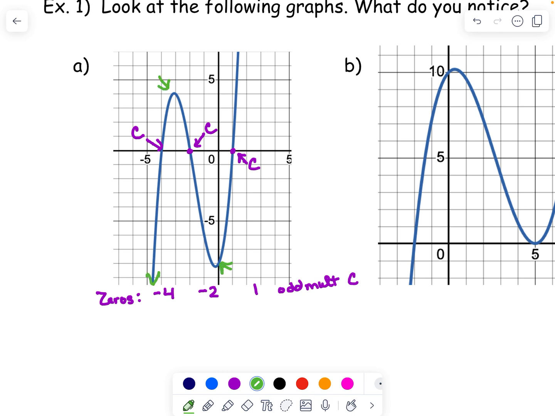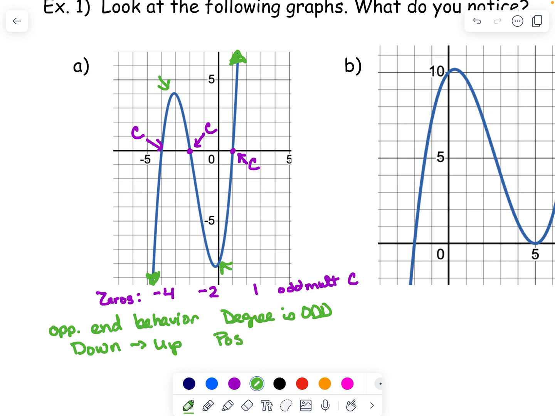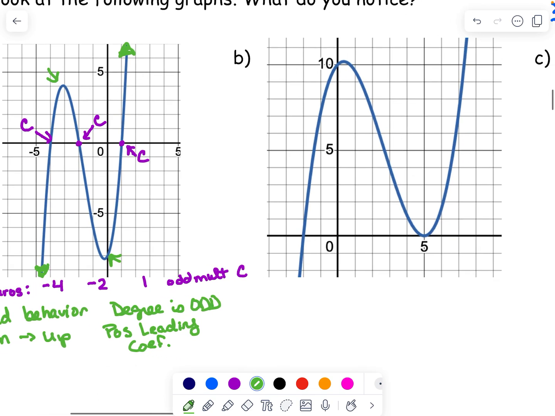We notice that our end behavior goes down and then goes up, so we have opposite end behavior. So we know that our degree is odd. And because it starts going down and then goes up, that means that it has a positive leading coefficient. Okay? All right, which means there's a positive number in front of the term that tells you the degree.